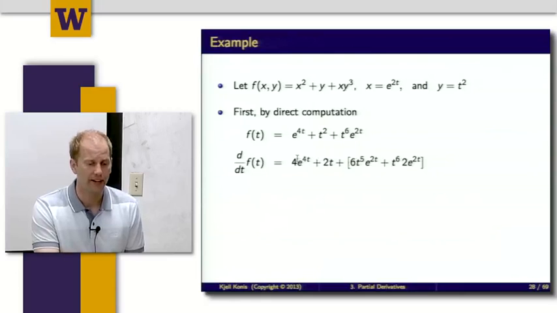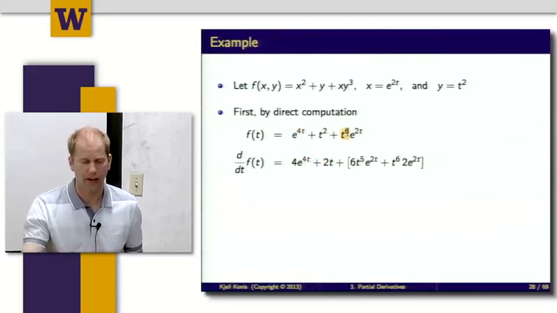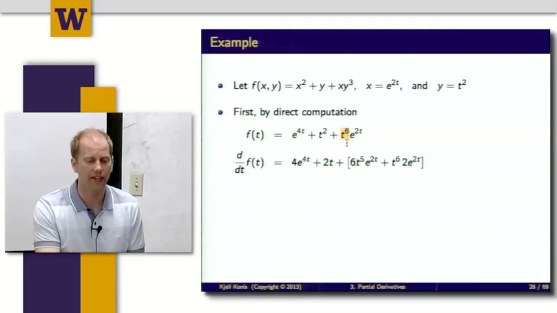It's pretty easy. I can do the first two term by term. Here I've cheated a little bit with the chain rule. I skipped doing the substitution, but that's 4e to the 4t. T squared by the power rule is just going to be 2t. And then here I have a function of t times another function of t, so I have to use the product rule.